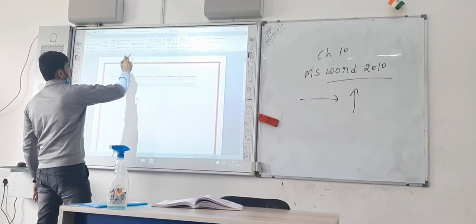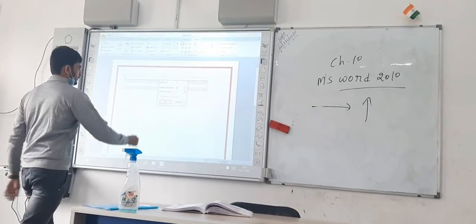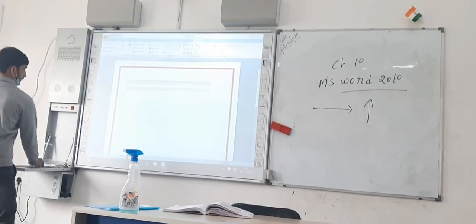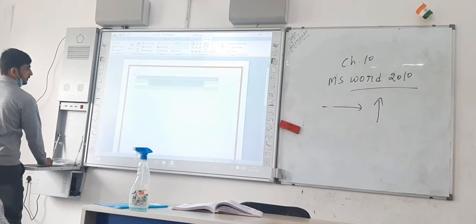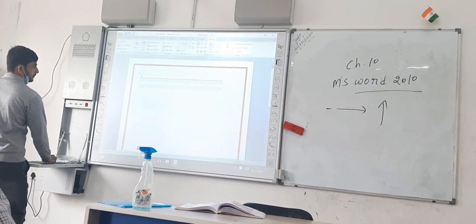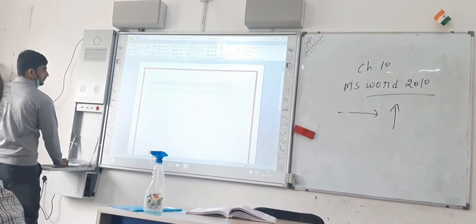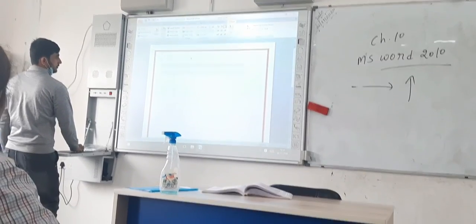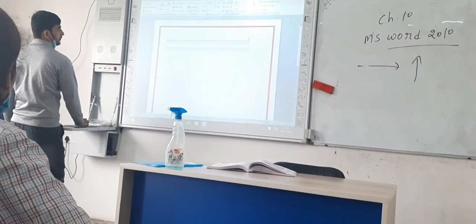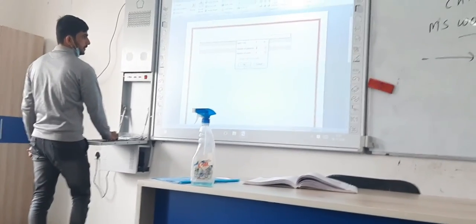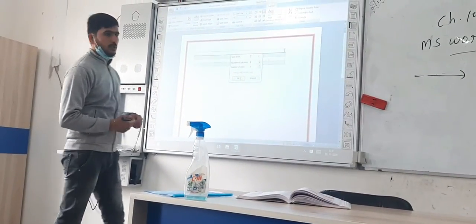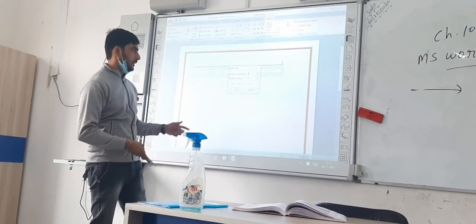So first you have to select it. Here we can select the number of rows. How many rows do I need?